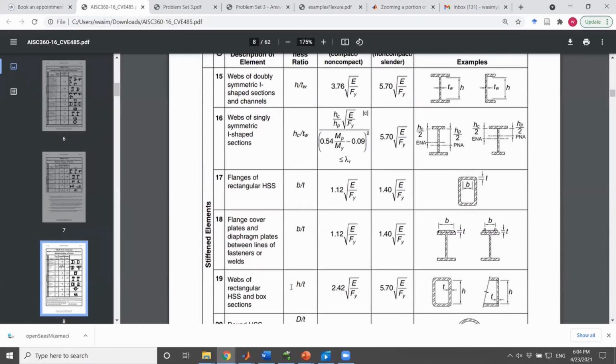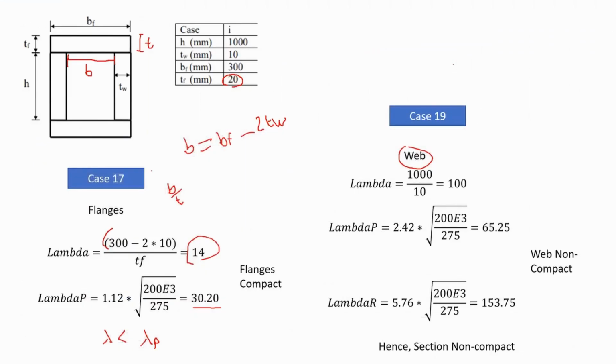Now from here, in order to calculate the lambda, it would be basically h divided by t. So what is h? From the drawing, you can see h is the distance from here to there, and this is the t value, the thickness of the web. So if we want to apply that, this is our t value, and this is our h value. So here's how we calculated the lambda for the web.